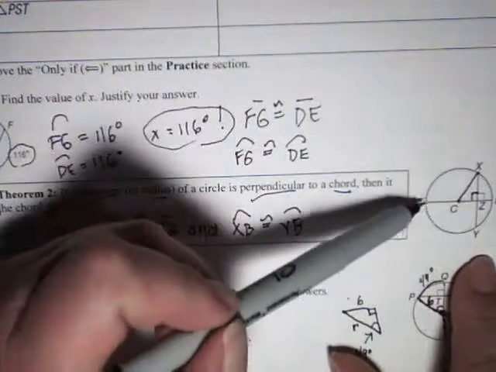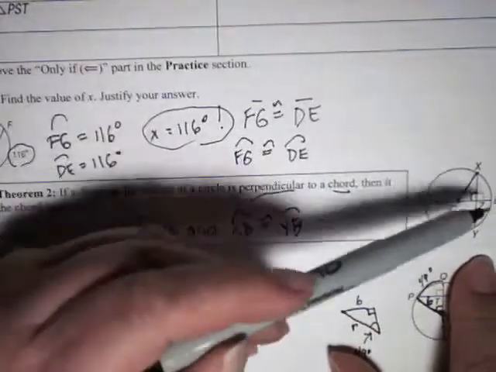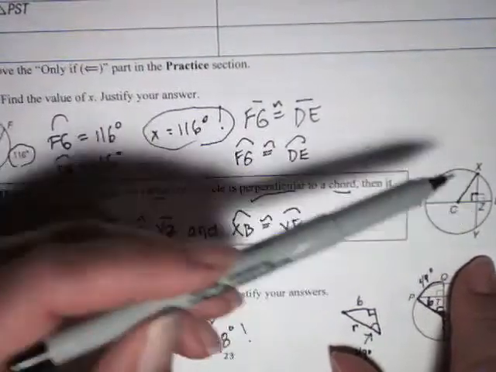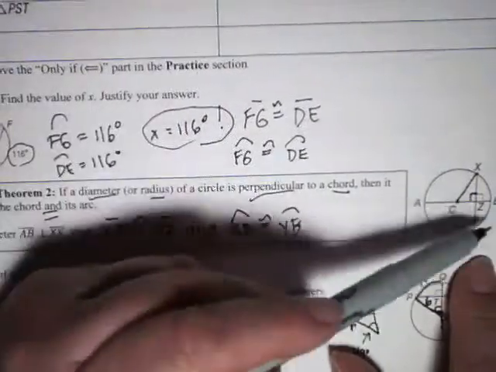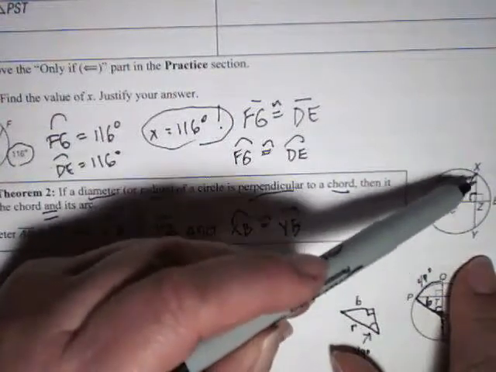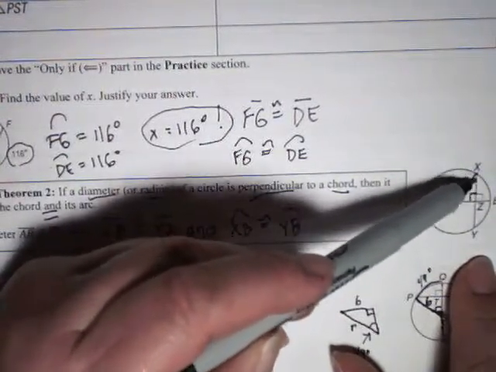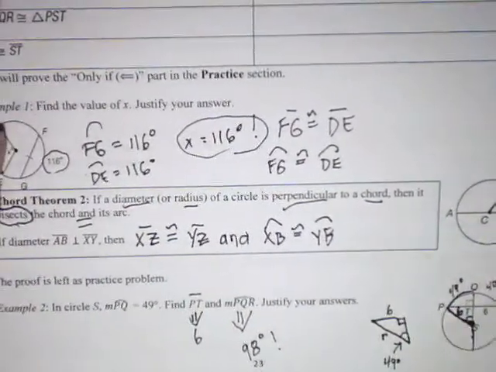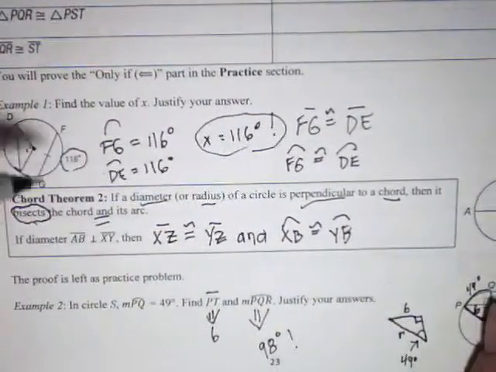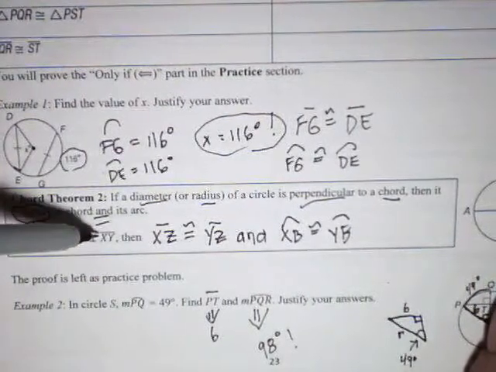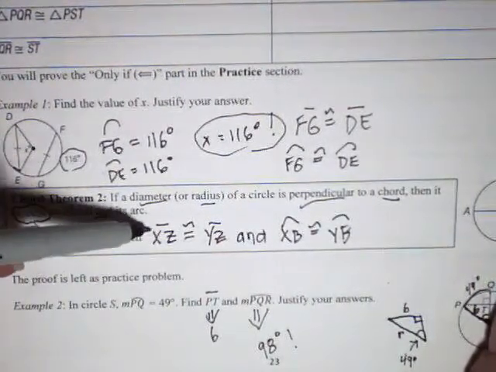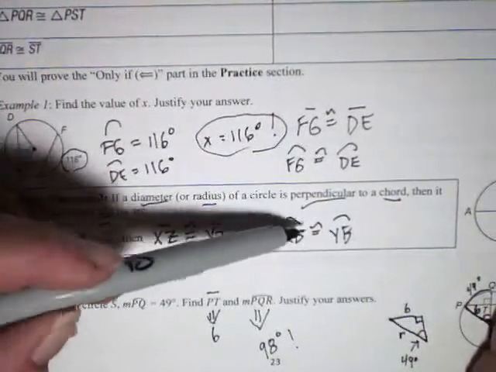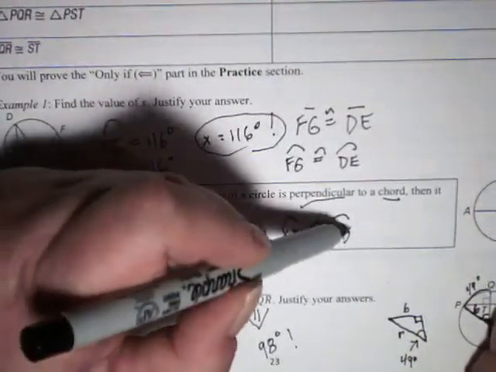But what we see is diameter AB cutting chord XY, and cutting it at a perpendicular, which means that these two pieces, XZ and ZY, are congruent. And that's what I've written over here. If diameter AB is perpendicular to chord XY, then XZ is congruent to YZ, and arc XB is congruent to arc YB.